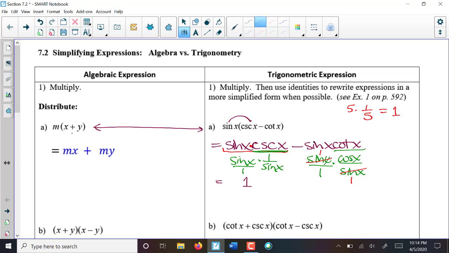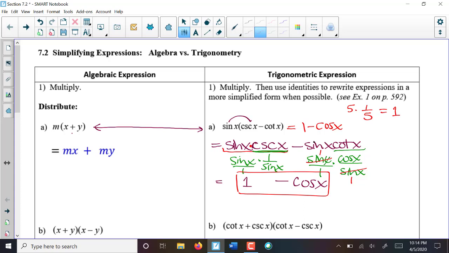So when I multiply here, I'm left with just cosine x. And 1 minus cosine x, that is simplified. I cannot do anything else. Okay, so I'm ultimately saying this original expression is equivalent to 1 minus cosine x.